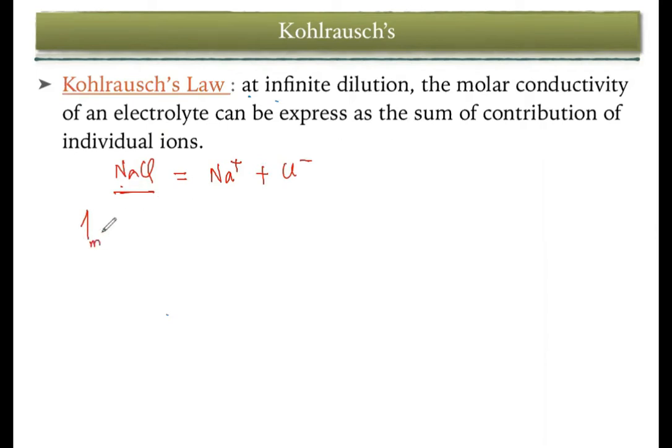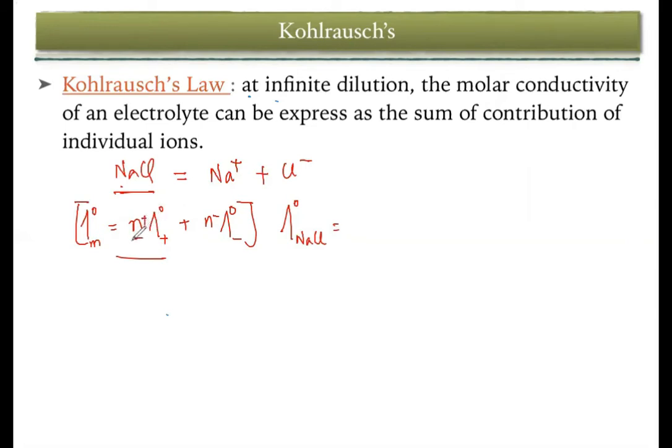That is lambda m naught is equal to, as we have expressed, n plus lambda plus naught plus n minus lambda minus naught. We have to write this expression for NaCl. So lambda m naught of NaCl is equal to, here n represents the number of ions.